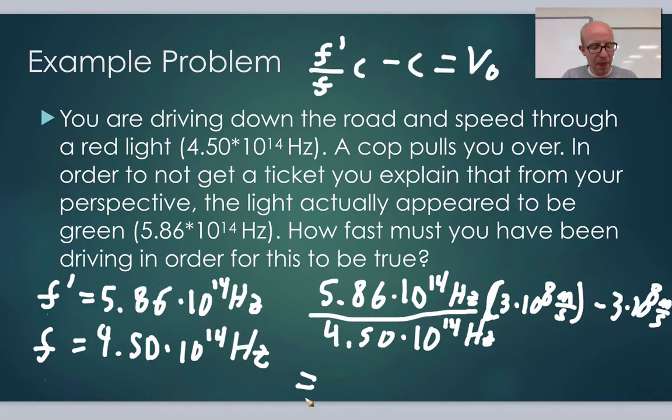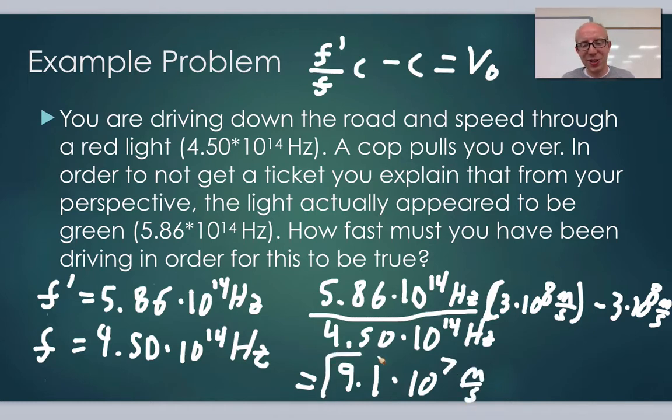All of that should give us our velocity of the observer. When we put it in our calculator, you should get that your new velocity is about 9.1 or so times 10 to the 7th meters per second.